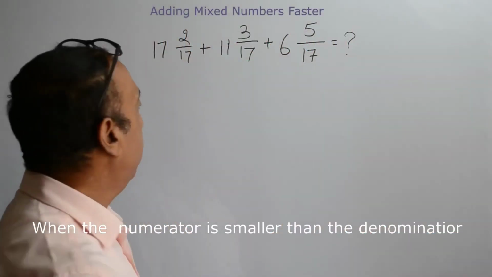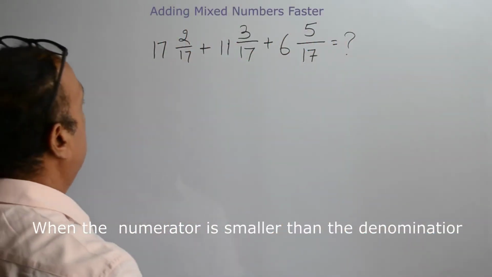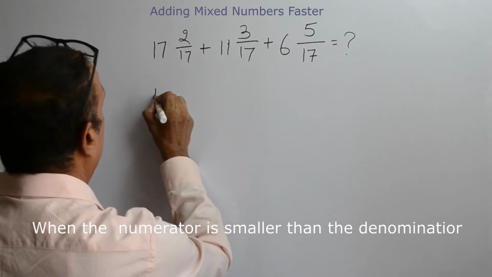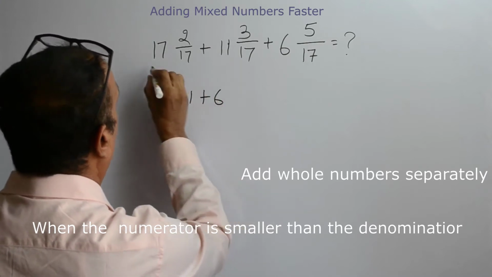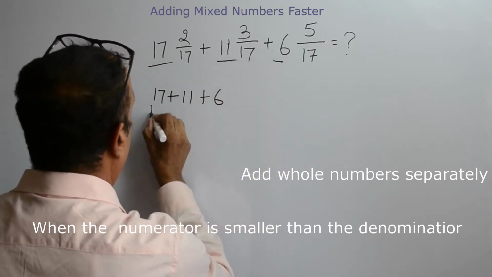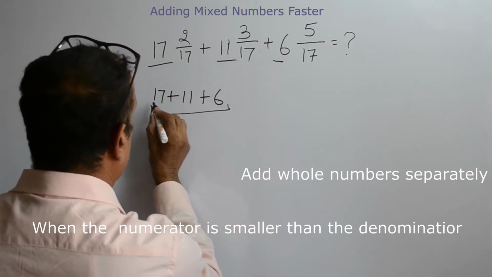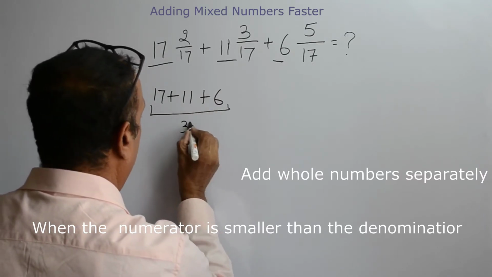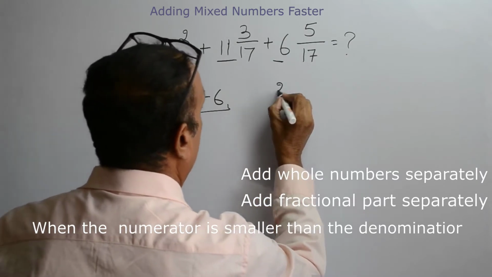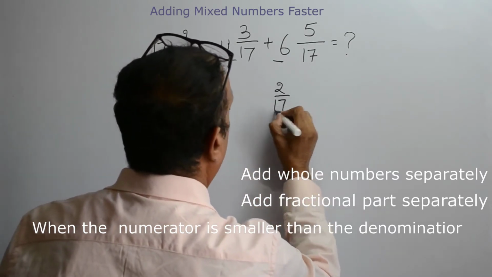To add these mixed numbers, the best way is to add the whole numbers separately. 17 and 11 is 28, and 6 makes 34. Then add the fractional parts separately.